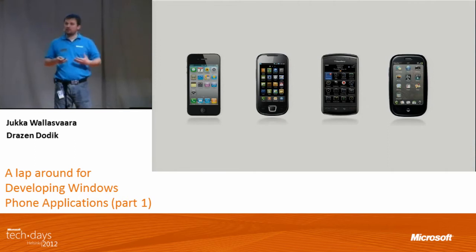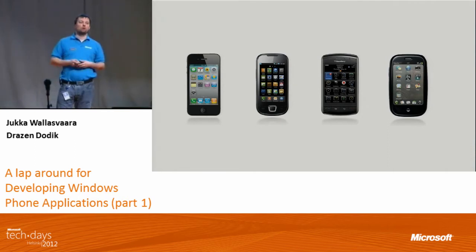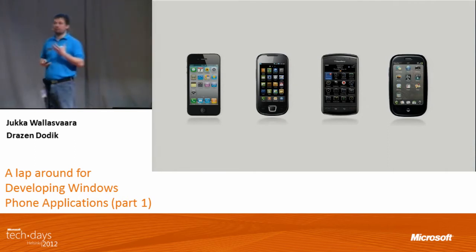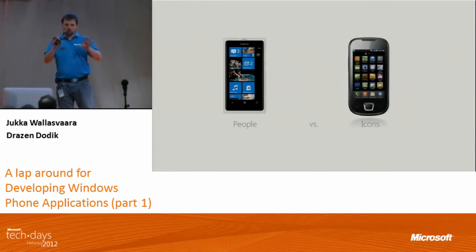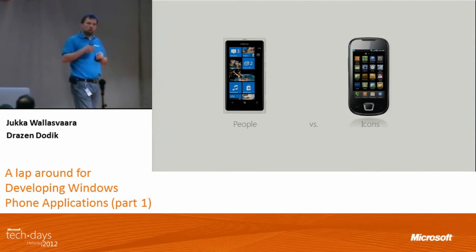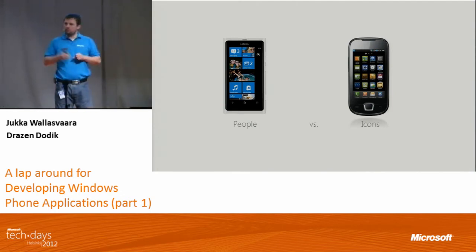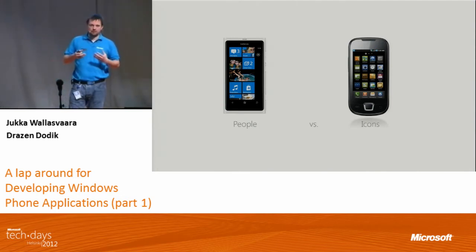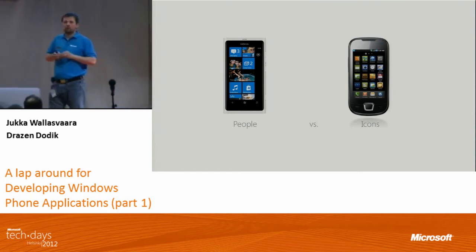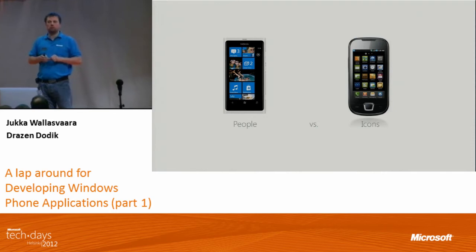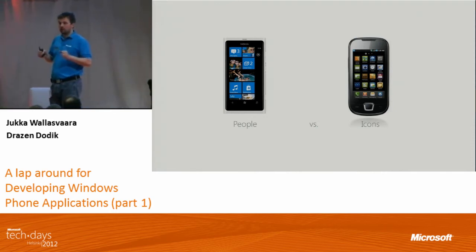They decided to reset the whole thing and rethink the whole approach for Windows for phones. So that's the reason that the positioning on how people are using that phone and how the apps are built is based on the people, thinking about how people are using that. What would be the best experience for the people?